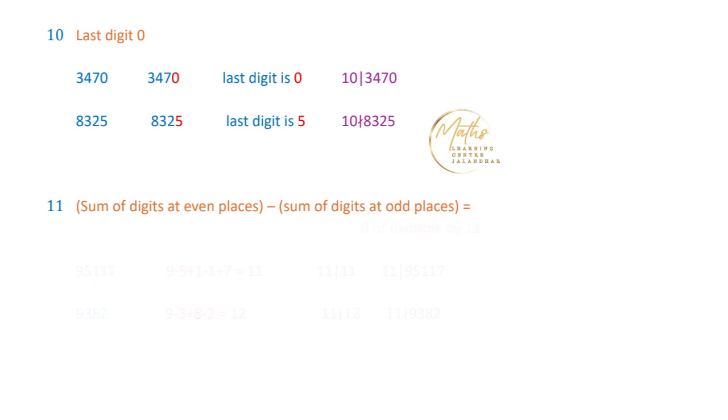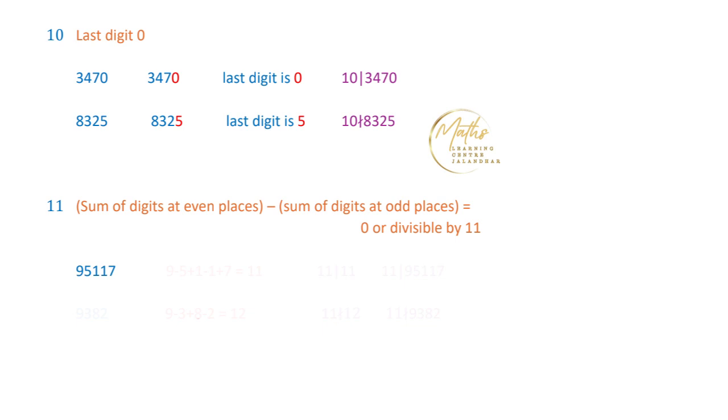If the answer we obtain is either 0 or divisible by 11, then the given number is divisible by 11. So we consider the example. Suppose the number given is 95117. We have to calculate the sum of digits at even places and at odd places, and subtract those values.